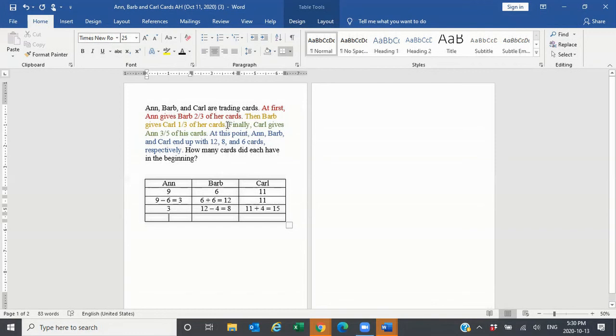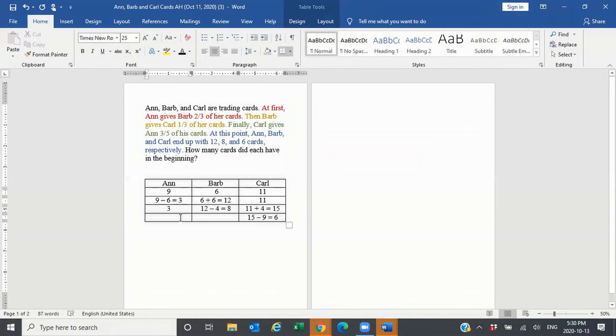Now we go on to the green sentence. It says, finally, Carl gives Anne 3/5 of his cards. Carl right now has 15 cards. If we were to divide 15 by 5, we would get 3. So each fifth, of course, represents 3 cards. 3 times 3 is 9, so we take away 9 from him. 15 minus 9, and that equals 6.